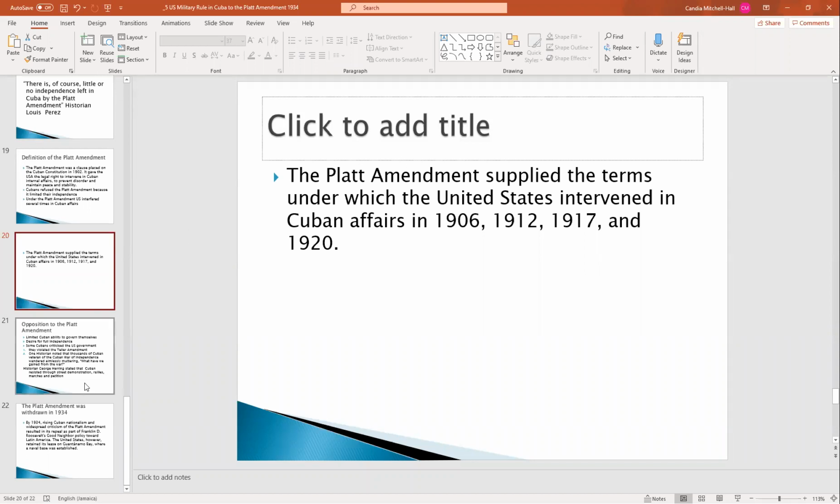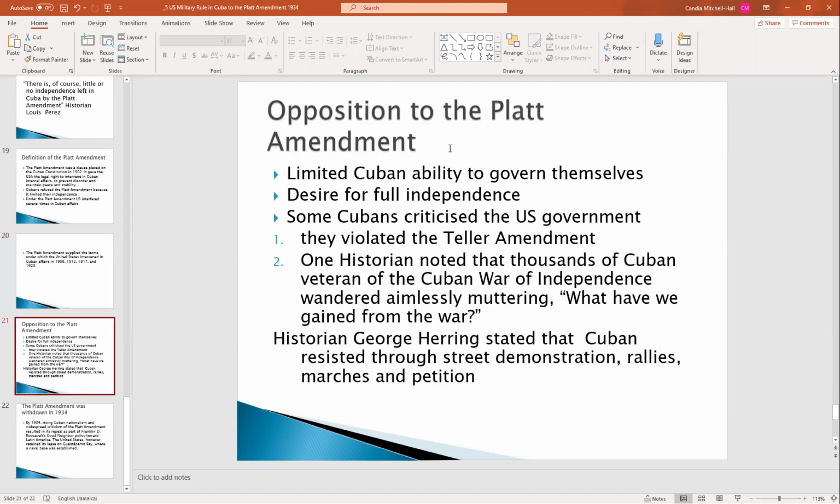Right? And so Cubans are now going to start to oppose the Platt Amendment. They said that they want full independence, they want full freedom. So they went to the streets and they demonstrated, they had rallies, they had marches, they had petitions.